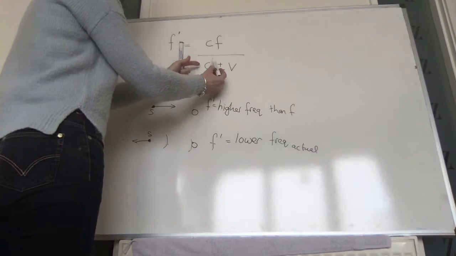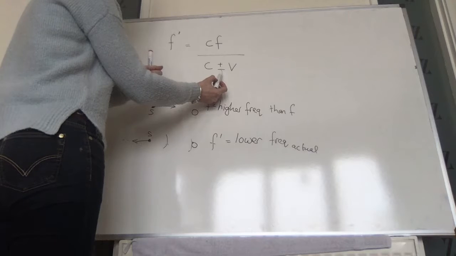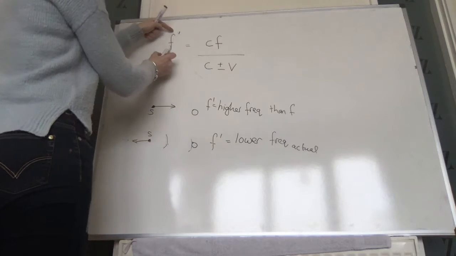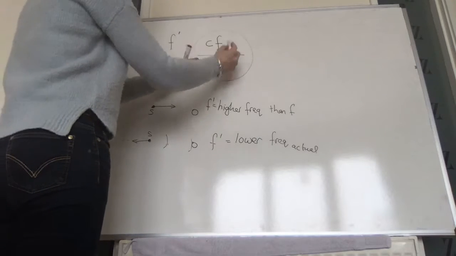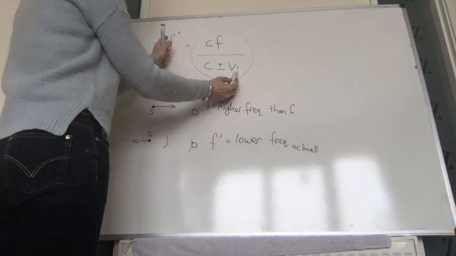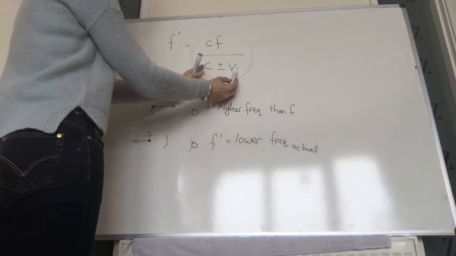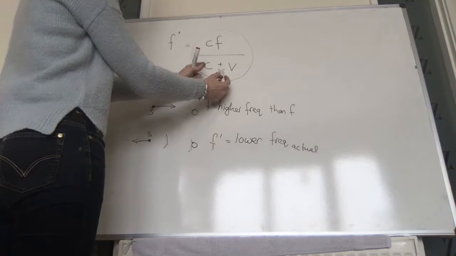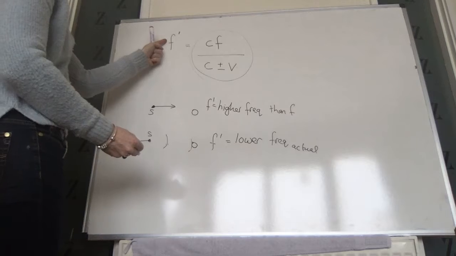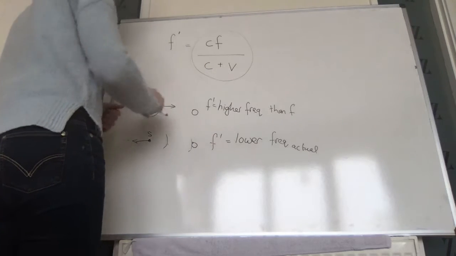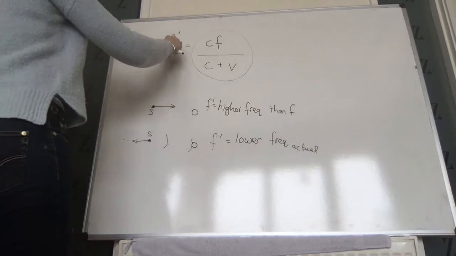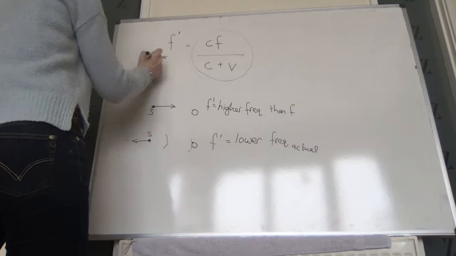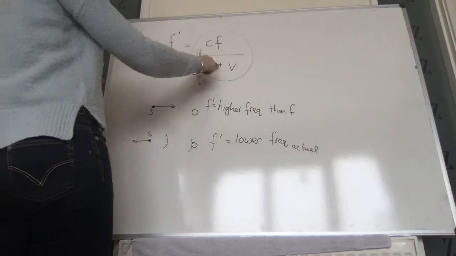C plus V is a bigger number than C minus V. Now, so this overall apparent frequency, if this is a bigger number, the apparent frequency will be smaller, because a bigger number underneath means you're dividing by a bigger number, which will make this number smaller. So when that's a plus, this F dash is going to be lower than if it's a minus.